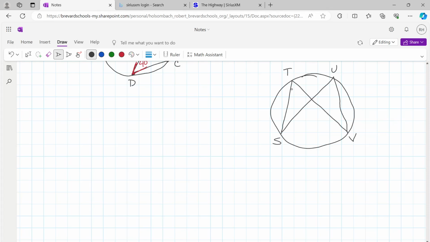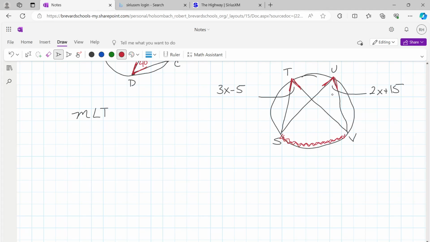You're told that angle T is 3x minus 5, and angle U is 2x plus 15. Find the measure of angle T. Angle T corresponds to arc SV, and angle U also corresponds to arc SV.